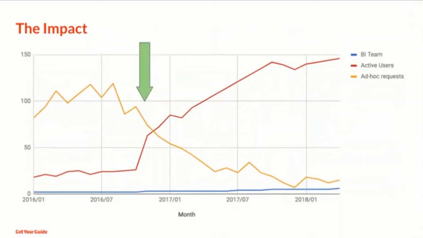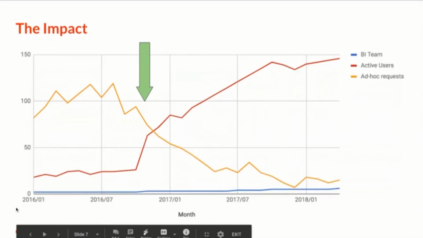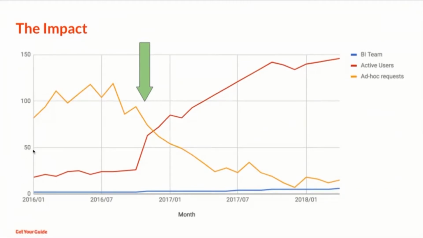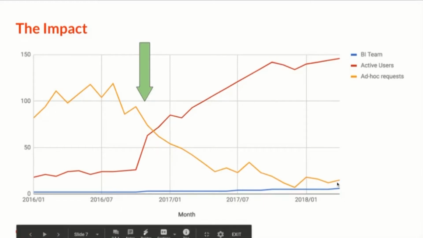But I wanted to share with you all a quick idea of the impact you can expect from Looker. And this is a pretty simple graph here, but it's really cool because one of our customers, Get Your Guide in Germany, created this for us to show the impact that Looker had on their business, which is as they were transitioning to Looker from their old BI tool, what they found was as they started granting more access to Looker and giving more users the ability to ask questions of Looker, the ad hoc requests to their data team essentially died off completely to zero.